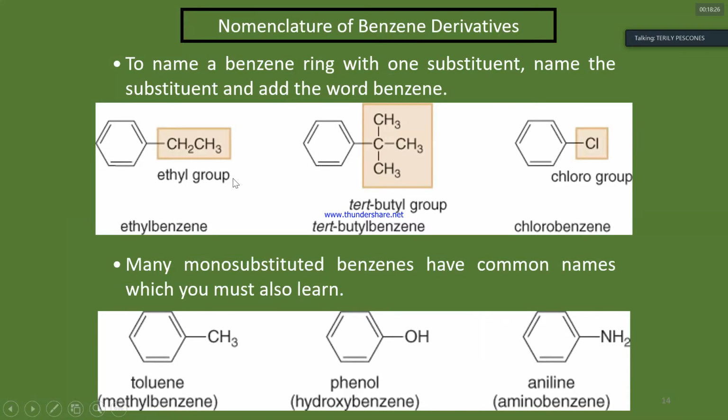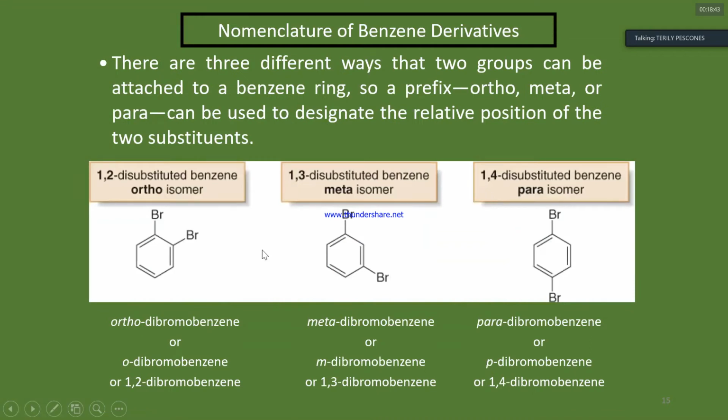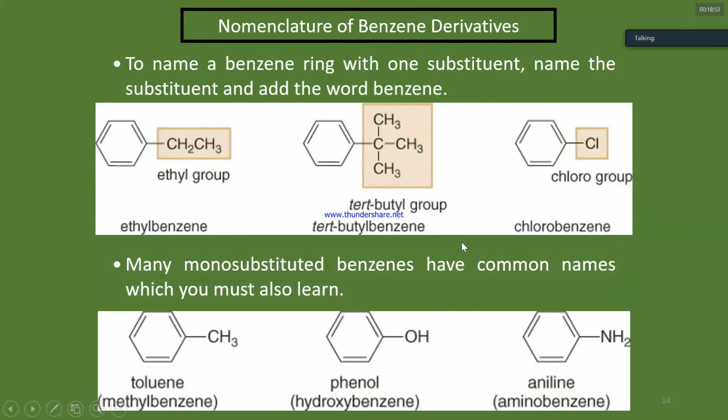Tert-butyl, ethyl group, ethylbenzene, methylbenzene, chlorobenzene. Ito yung mga halogen. If one of the hydrogens is being replaced by chlorine, so ang pangalan na yan ay chlorobenzene. Aniline. Then we have the ortho, para, meta. Methyl group. Okay, this one is toluene, aniline.